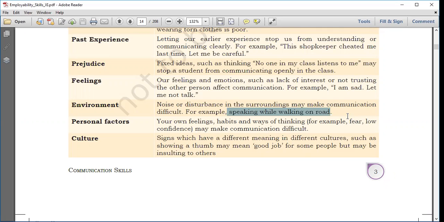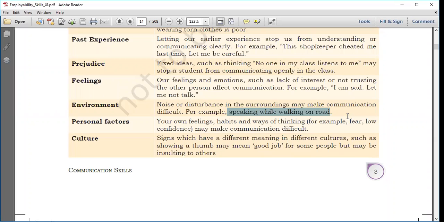Culture also works as a barrier sometimes, right? Now, showing a thumb may mean good job for some people, but may be insulting for some others, right? Like if you show your thumb to somebody, कुछ लोग सोचेंगे भाई he's cheering up, it's a good job.